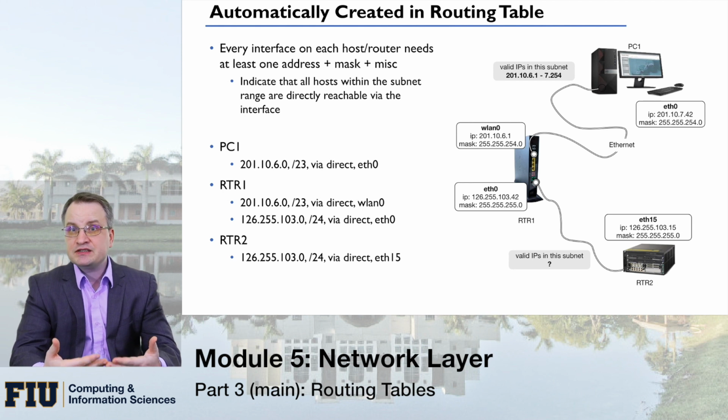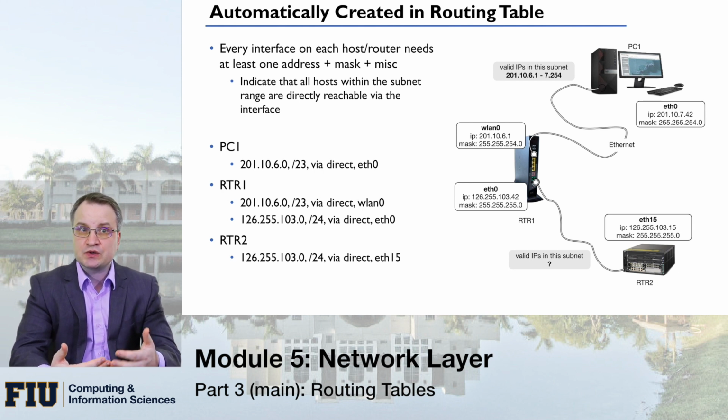Similarly, the same thing happens on router 1, but because we configure two interfaces, we're going to have two routing entries automatically created. Finally, on router 2, potentially it will have more interfaces configured, but in this picture there's only one, ETH15, configured with this specific IP address and this specific network mask, which automatically creates this entry.